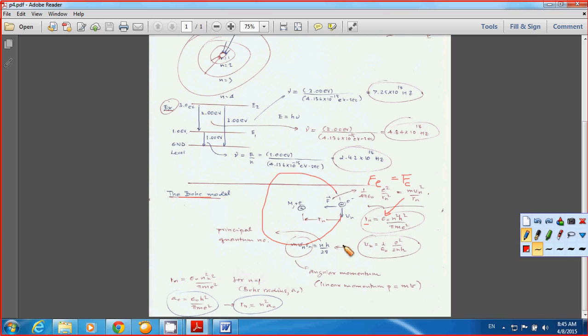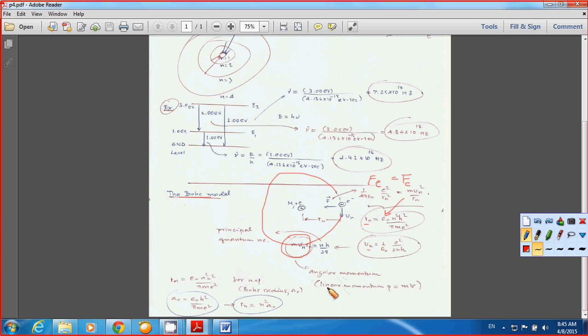And you get Vn from the relation m v Rn equal to nh over 2 pi, where n is the principal quantum number. The left-hand side of the equation is simply angular momentum.